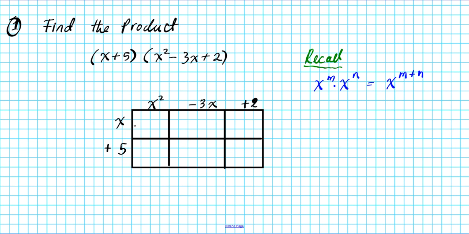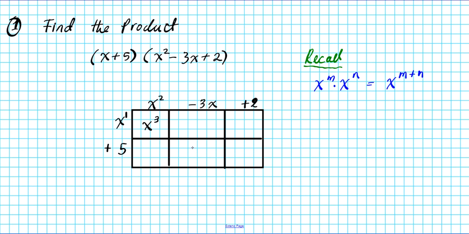Okay, let's start multiplying. So we will have to start out by multiplying x and x squared. Remember, x has a power of 1. You don't have to write it there, but it's there. So when you multiply x and x squared, you add the powers and you end up with x to the third power. Okay? If you do not want to use the shortcut, you can write it out and just multiply, count the number of x's you're multiplying, and that will give you the correct result.